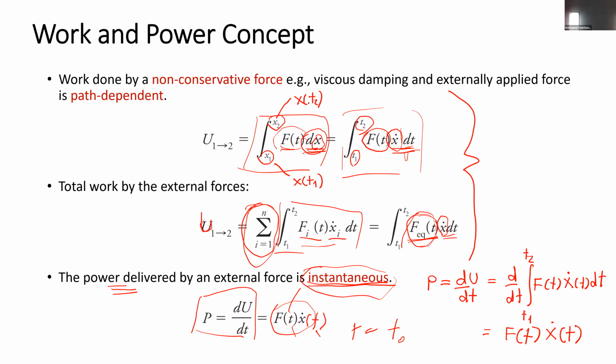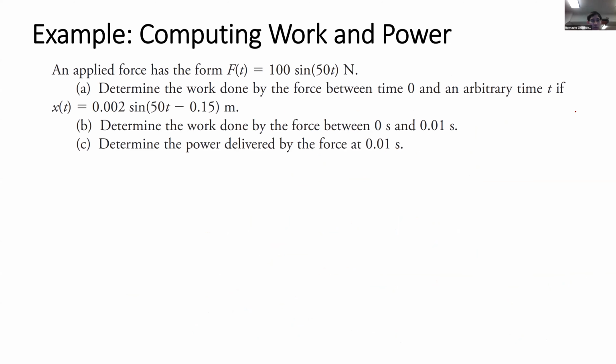This is the relationship between x2 and t2, x1 and t1. And dx is equal to x dot dt. Okay, here is the concept. To make this concept clearer, we may spend a little more time on an example.